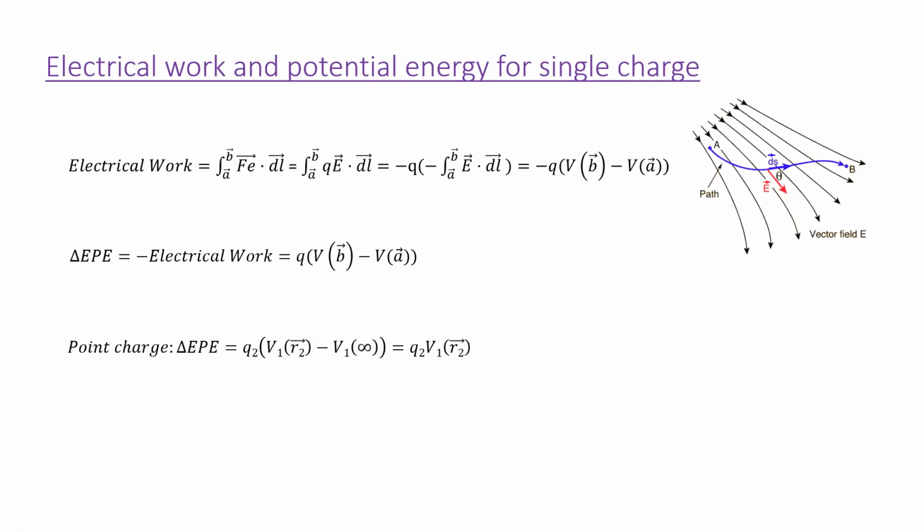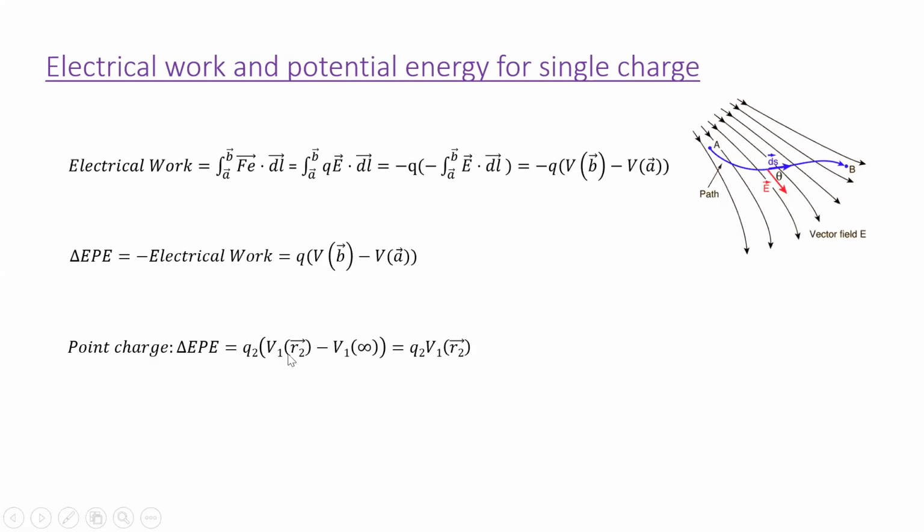Let's take a point charge as an example. We'll call the point charge 1, and then the charge which is in the neighborhood of the point charge, 2. So Q would be Q2, and V, the electric potential, would be V1, the electric potential of the point charge.